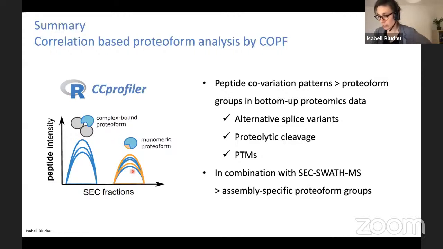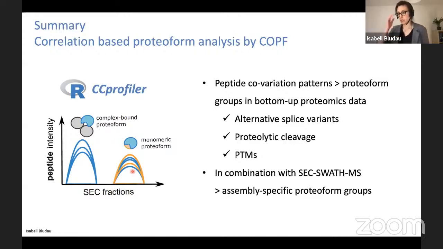One other question: how does the SEC-SWATH approach compare to genomics-driven proteoform discovery? I guess SEC-SWATH filters for functional differences of proteoforms. With genomics-driven approaches, you're referring to RNA sequencing approaches for alternative splicing, for example. What we saw is that we can, of course, only see a fraction of what can be discovered by genomic approaches.